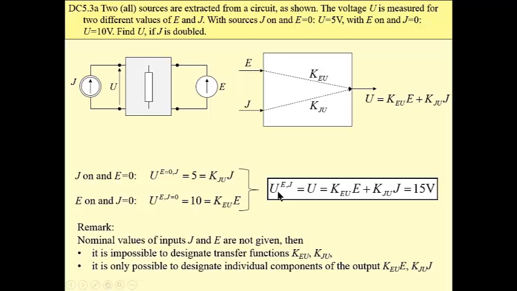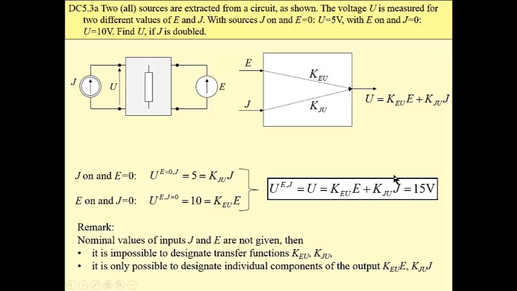Then the voltage is 15 volt. The total voltage is 15 volt as the sum of these two components. Please observe that nominal values of these sources are not given, which means that it is impossible to designate these transfer functions, but we can designate individual components of the output, this component and the other component.